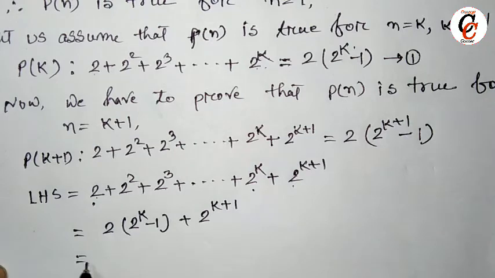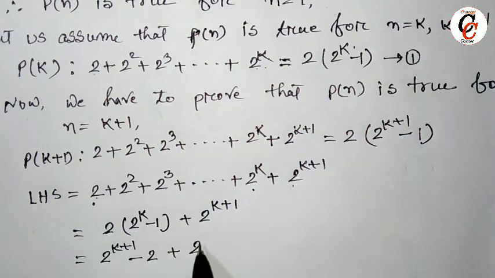Now see, we will break this. Nothing is common, so we have to break. 2 into 2 to the power k means 2 to the power k plus 1, and 2 into minus 1 means minus 2, and plus 2 to the power k plus 1.